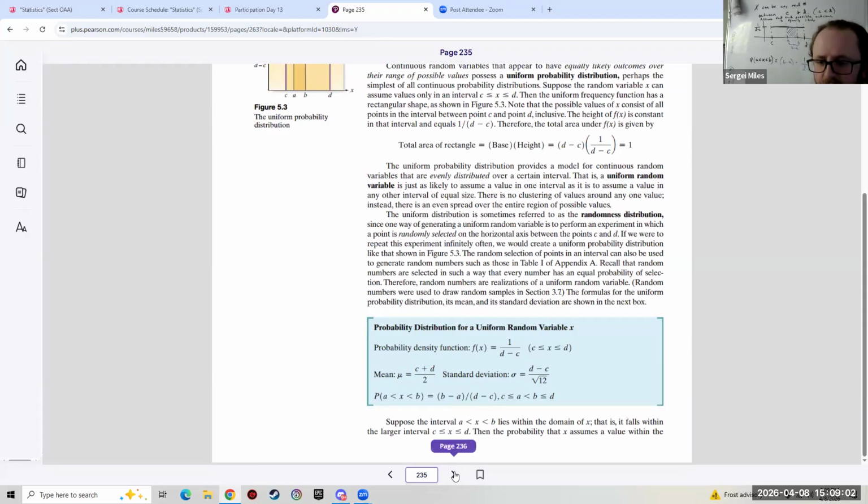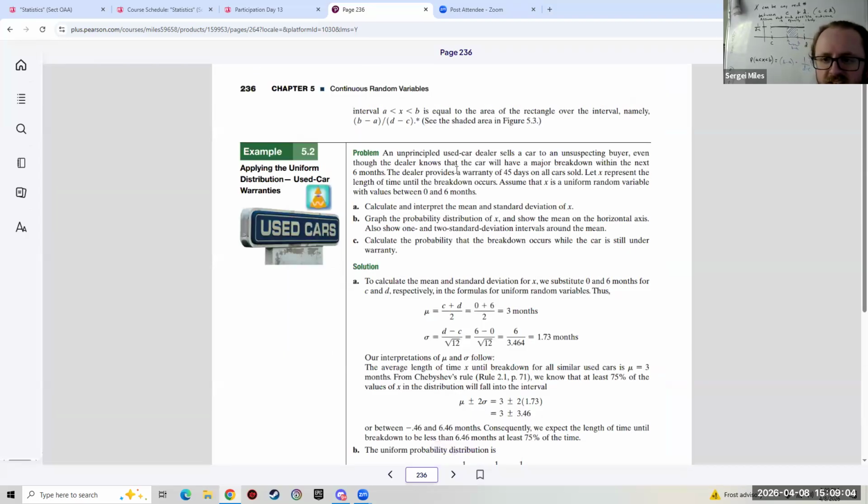All right. Which leads us to this example we want to look at from the textbook, where we're asked about this car dealer, where he's selling these cars that he knows are going to have a major breakdown in the next 6 months. They're just not in good shape mechanically, and he just wants to get rid of them before they break down.